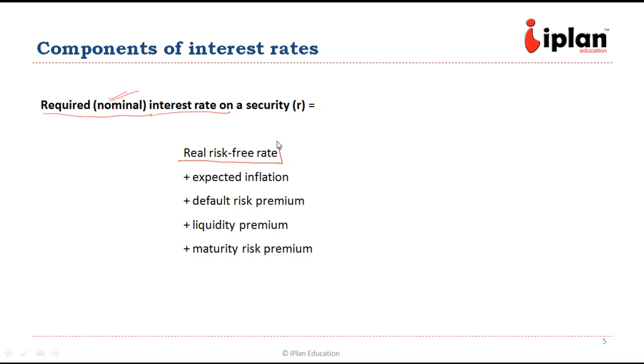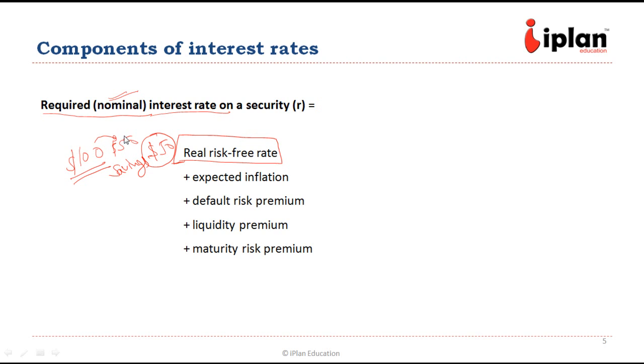First of all is real risk-free rate. For example, if a household has $100 today and he has consumed $50 and savings are $50.